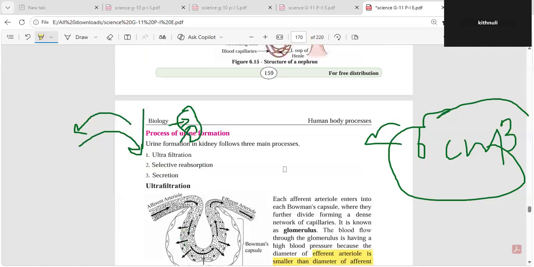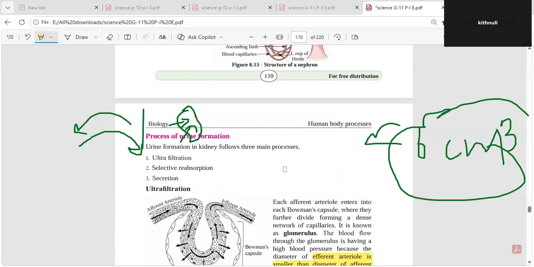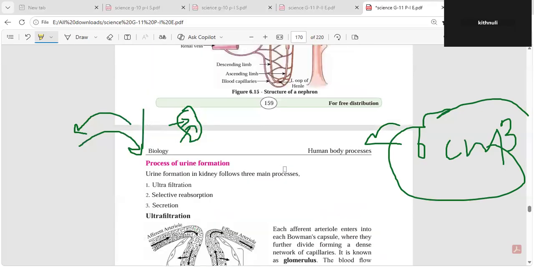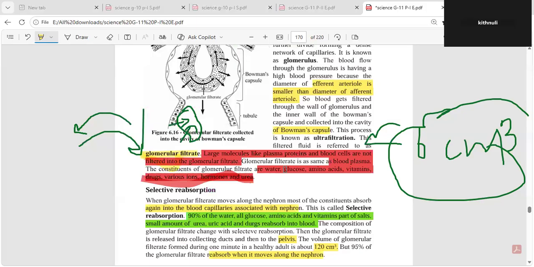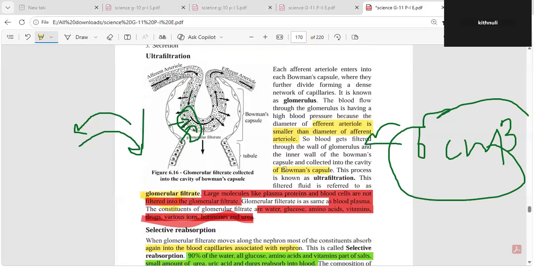Put the date first and write the topic as process of urine formation and the first question.